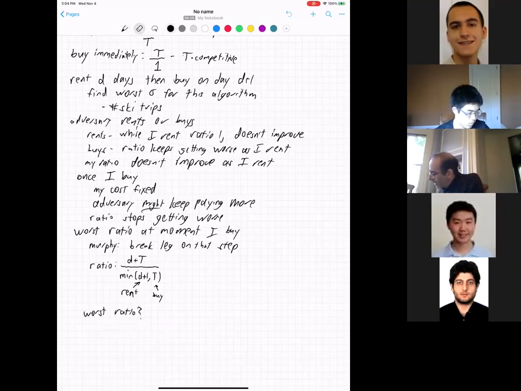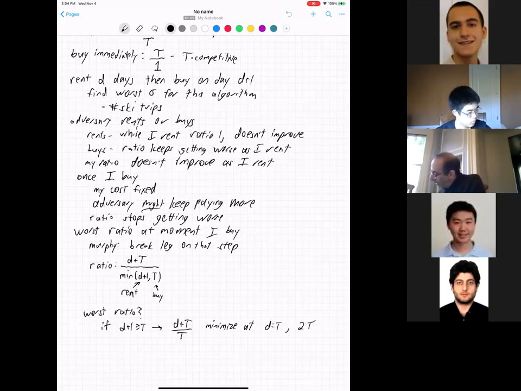Let me start with the other side. So if D plus 1 is larger than T, that implies that the ratio is D plus T divided by T. So I can minimize this, which is what I want to do, at D equal T and get 2T.